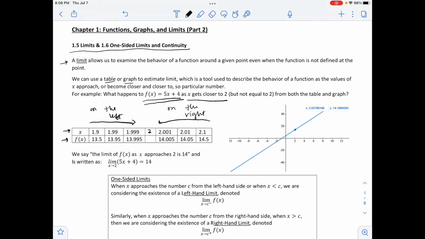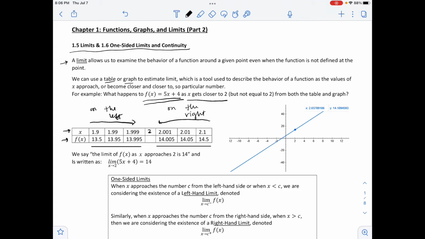And you'll notice that it goes from 13.5 to 13.95 to 13.995. Likewise, on the right, as we get closer and closer to 2, a little bit larger than 2, we go from 14.5 to 14.05 to 14.005.